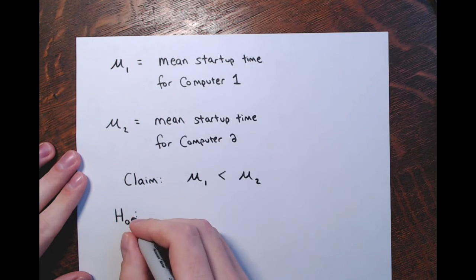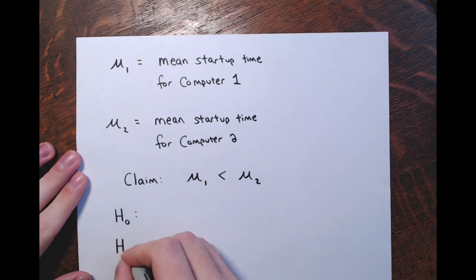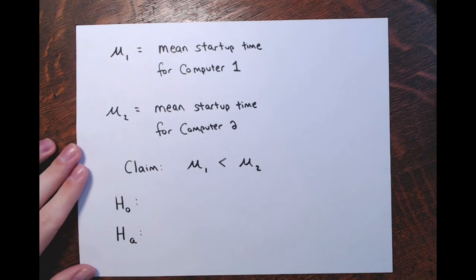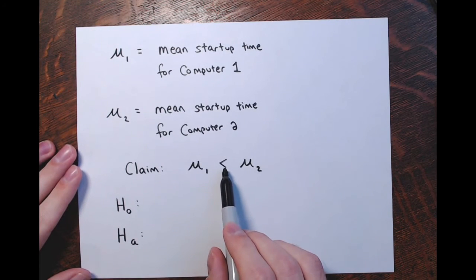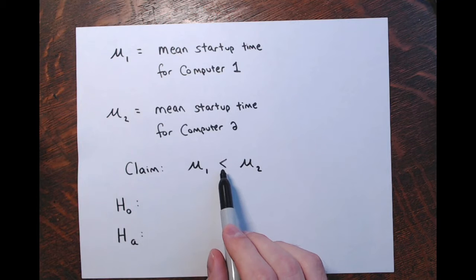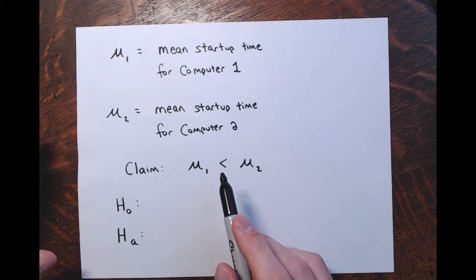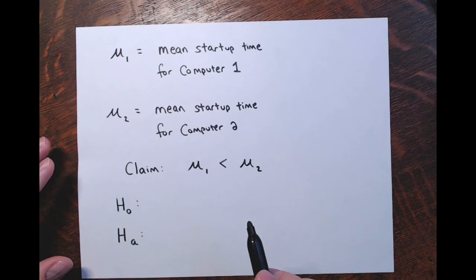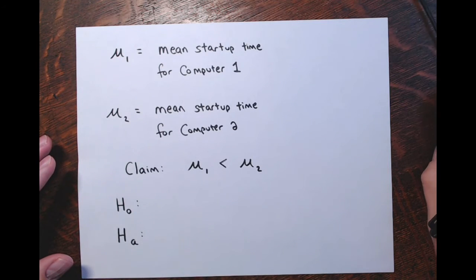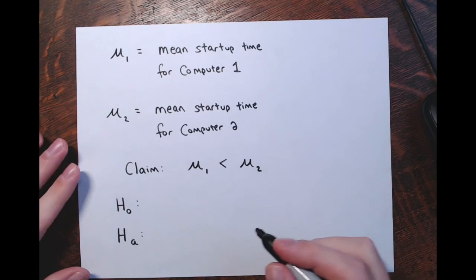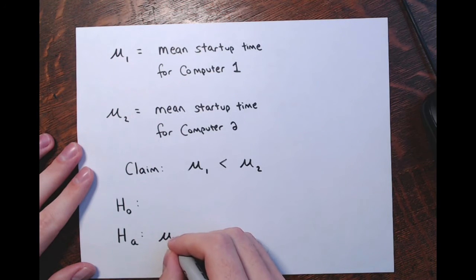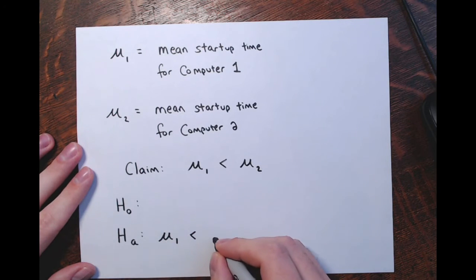The null hypothesis, the alternative hypothesis. Just like before, this claim does not have equality involved. It's just less than, so that is going to be represented by the alternative hypothesis: mu1 is less than mu2.